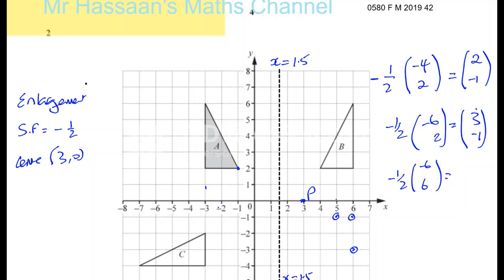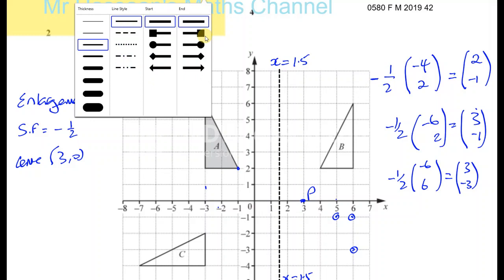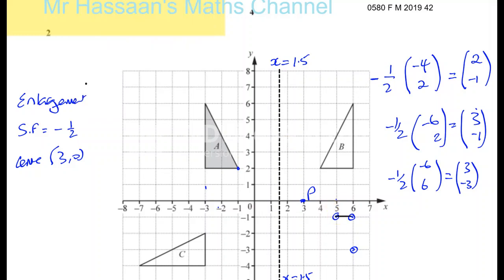So you multiply that by half, you're going to get 3 and negative 3. So from the center to get to the image, you've got to go 3 to the right, 1, 2, 3, and 3 down, 1, 2, 3. So you can see it's that point over there, and we can now draw the image, which is going to connect these points together.